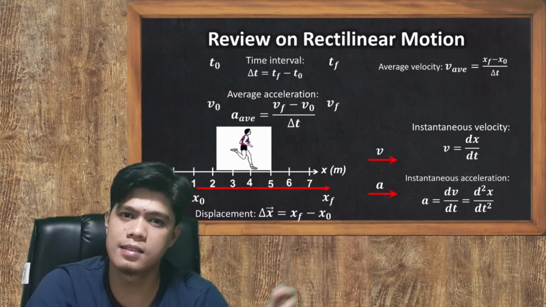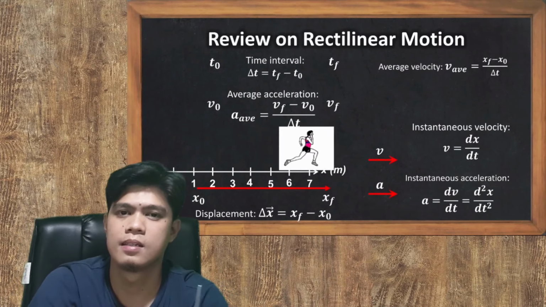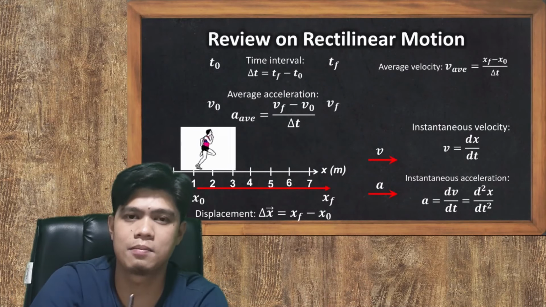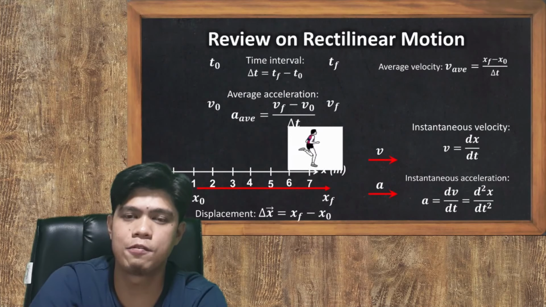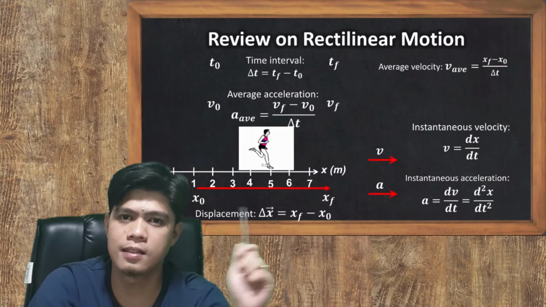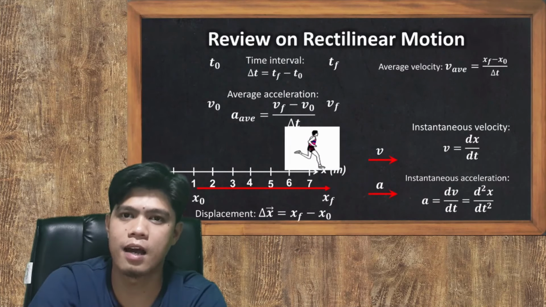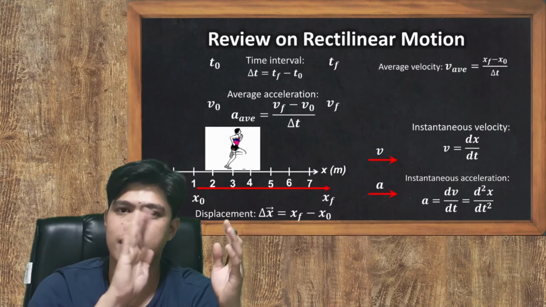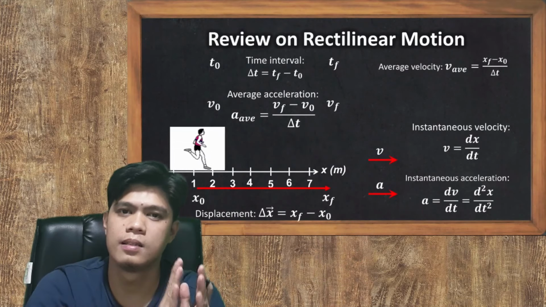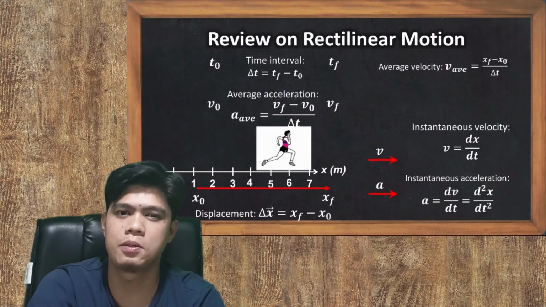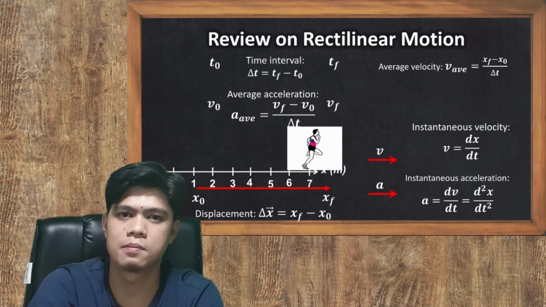And also the instantaneous acceleration is your acceleration at that moment or at that instant. So the difference between average and instantaneous is that average has a longer time interval and instantaneous is a very small time interval which approaches 0.